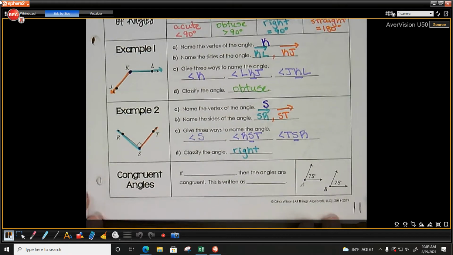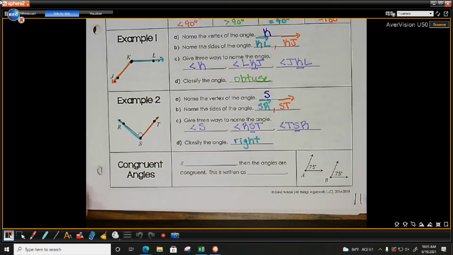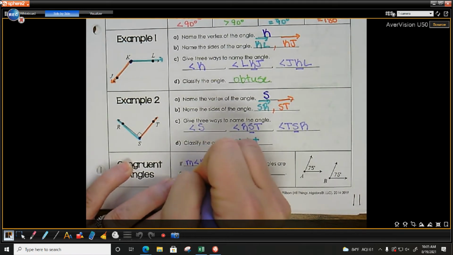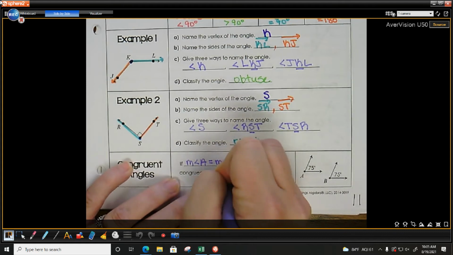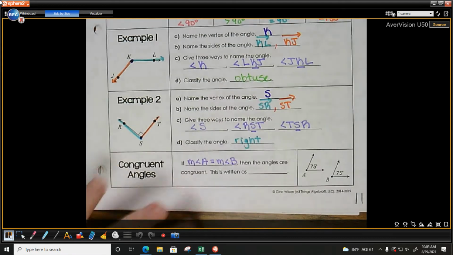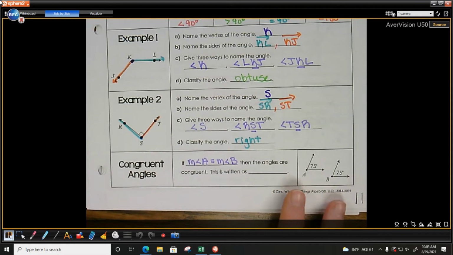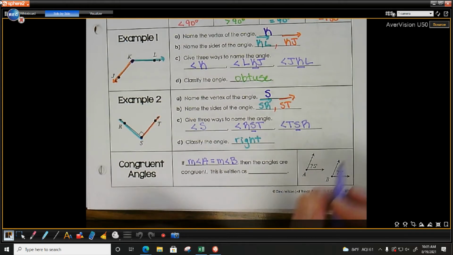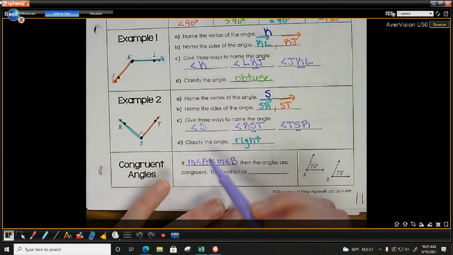Okay, congruent angles. If the measure of angle A is equal to the measure of angle B, which they are, they're both 75 degrees, then the angles are congruent. How do you write that the angles are congruent? When I write that I have congruent angles, do I need the M out in front anymore?